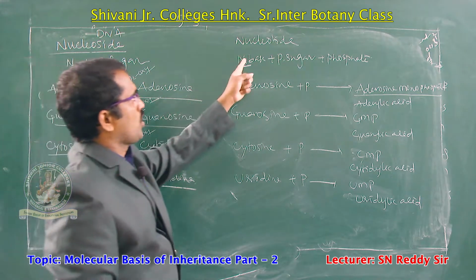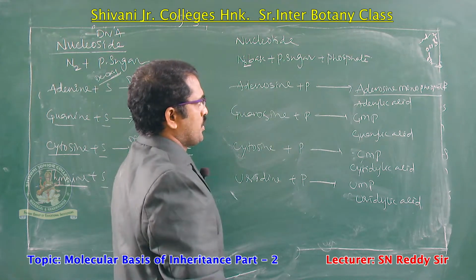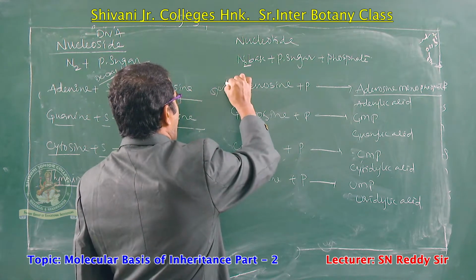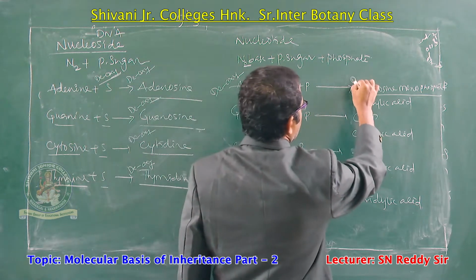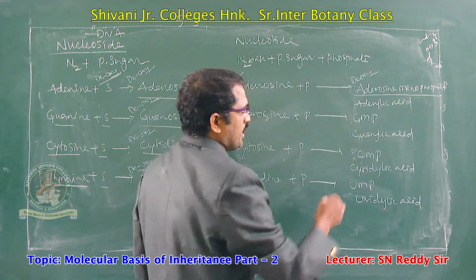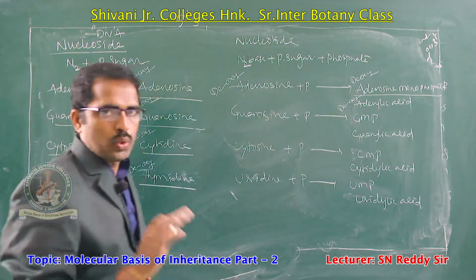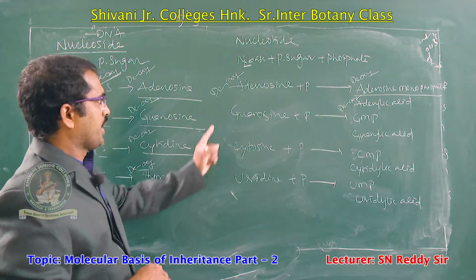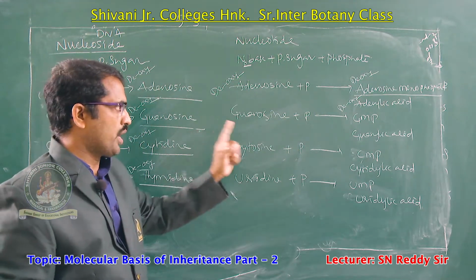Again, in nucleotides you see nitrogen base, pentose sugar, phosphate, so you add deoxy. Deoxyadenosine monophosphate, that means deoxyadenylic acid. Then deoxyguanosine monophosphate or deoxyguanylic acid.